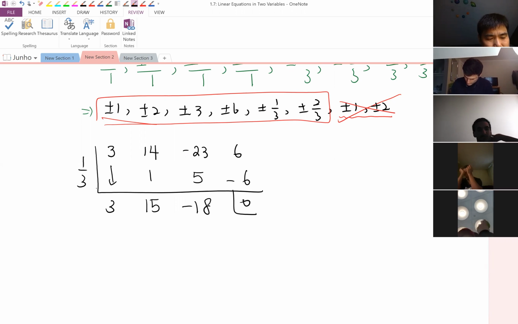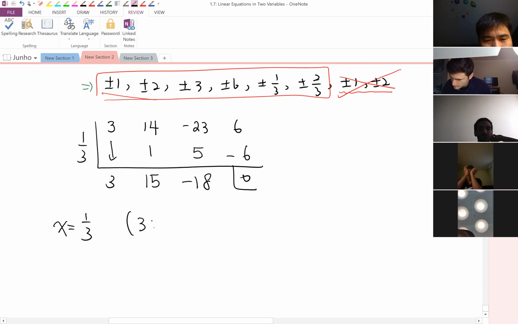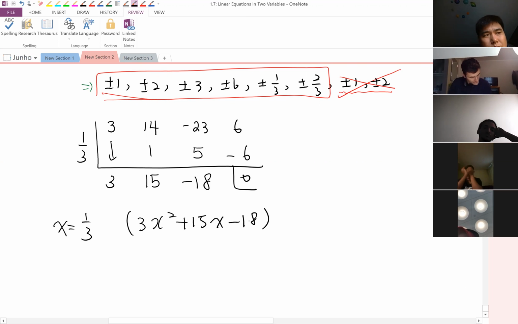Make sense? And now we want to find out the rest of the zeros. So far we have x equals 1/3. Then now we can also do 3x squared plus 15x minus 18, right? Do you have a common factor here? 3.